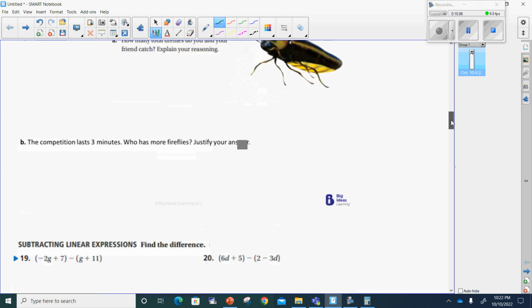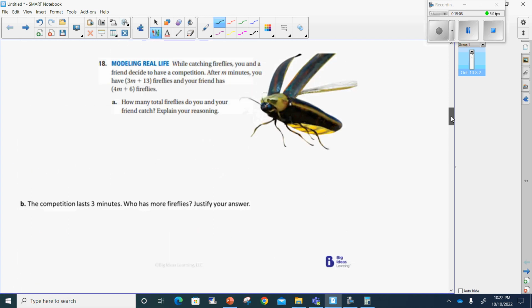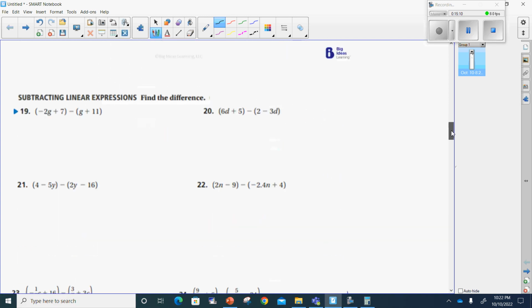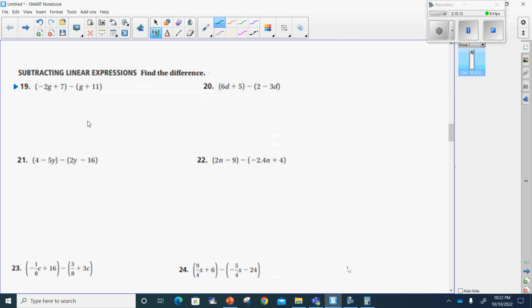All right, let's go to number 19. And you have to do number 18 there, don't forget. Number 19, find the difference. Well, this time, you'll notice there's a negative sign in between our two. And what that means is all the signs inside here are going to change. So this becomes a positive, but this is going to be a negative g, and this would be a negative 11. Now I can combine that right over here with these.